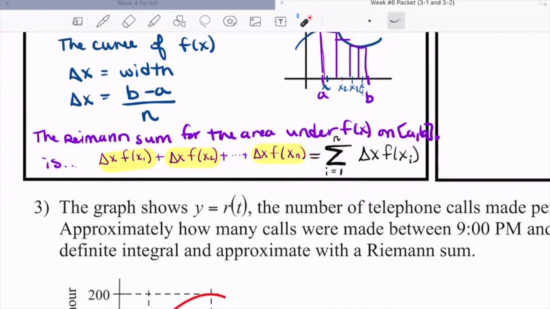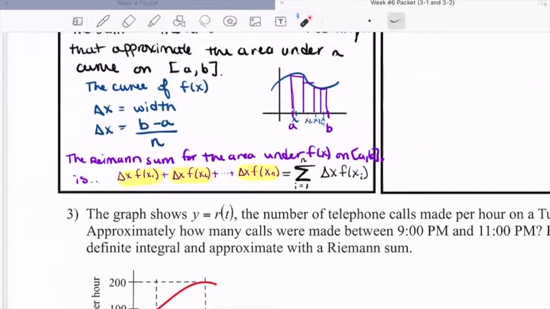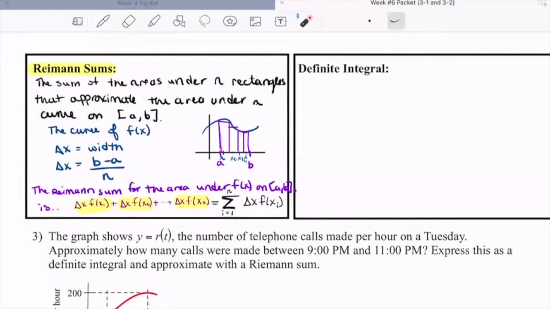And again, it's just helpful when you have a large sum like this to write that sum more succinctly like this. So again, these Riemann sums are ways to approximate area under a curve by using chunks. These chunks are rectangles. But we will be learning about another way to actually find the exact area under curves.